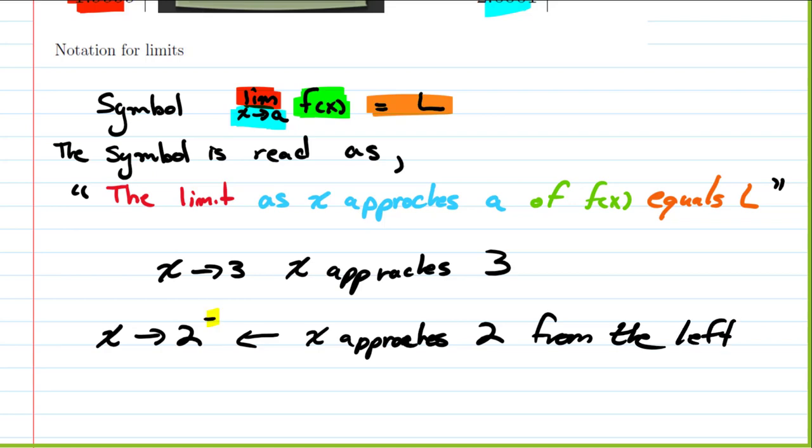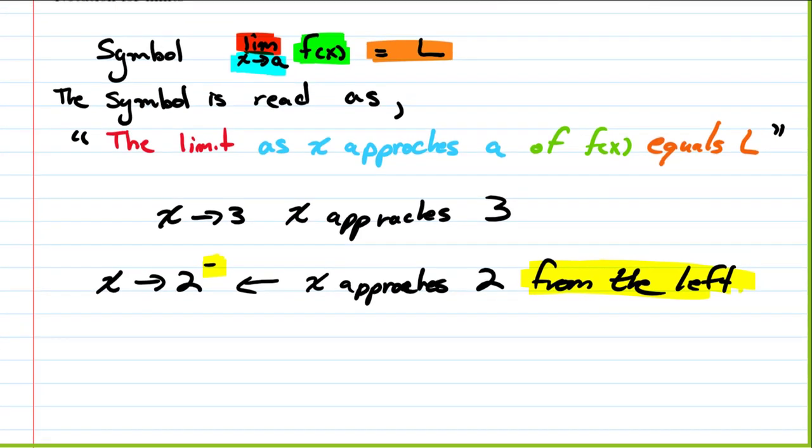And if we do the same thing, we have an x, an arrow, a 2, but if we replace it with a plus sign, this tells us it's going to come from the right.